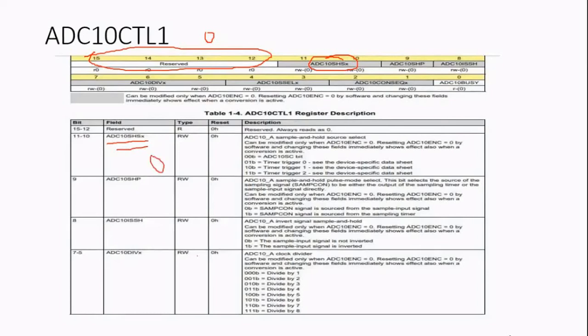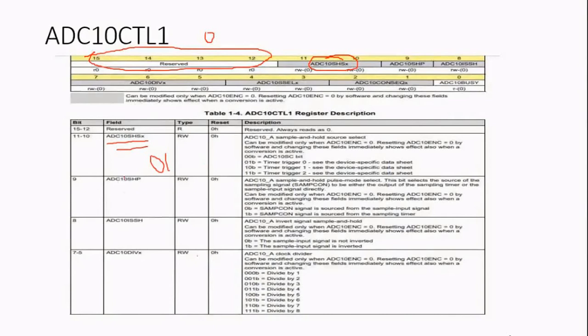When it is 0 1, it means out 0, 1 0, out 1, 1 1, out 2. It means that out 0 corresponds to timer 0, out 1 corresponds to timer 1, out 2 corresponds to timer 2. In this way you can select any one.